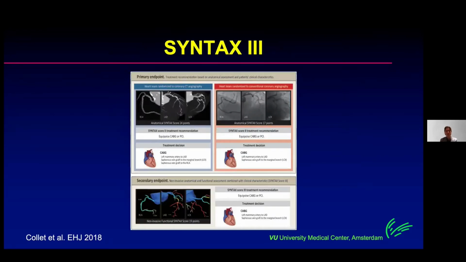An important slide is by Collet from the group of Serruys on the SYNTAX 3 trial, who compared whether you actually need patients with 3-vessel disease to undergo invasive coronary angiography in conjunction with CT coronary angiography with FFRCT, whereas the heart team decision did not show any difference.